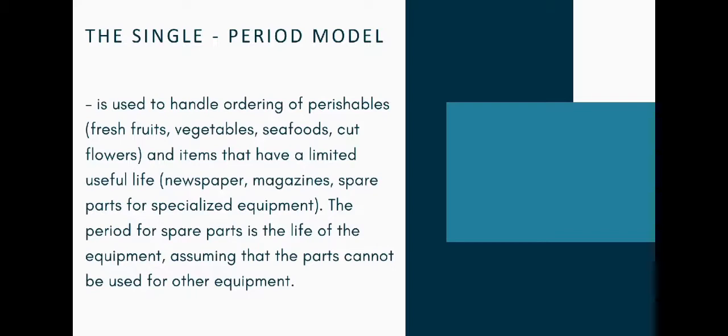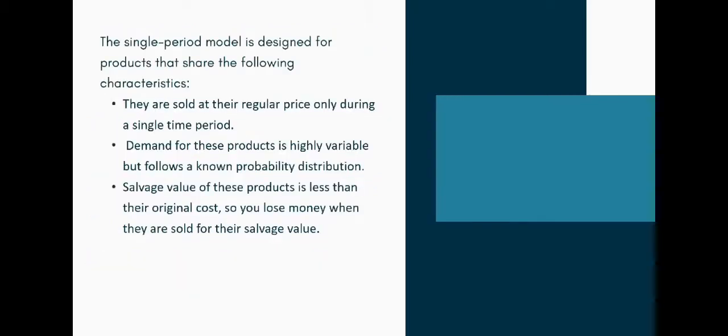A single period inventory model is a business scenario faced by companies that order seasonal or one-time items. There is only one chance to get the quantity right when ordering, as the product has no value after the time it is needed. The single period model is designed for products that share the following characteristics.